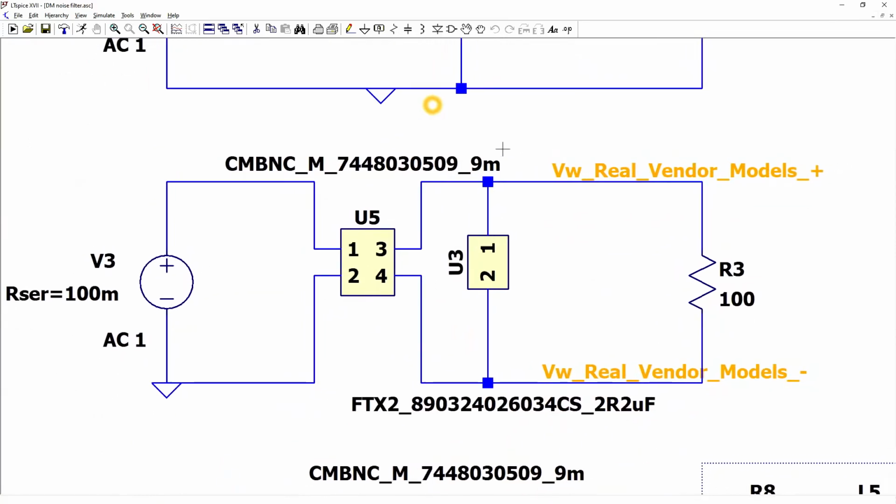Going to real vendor models, we have the common mode choke that we used previously in the common mode filter part. We will use its leakage inductance as a differential mode inductance. We will check how much of this inductance we have. And we have our CX capacitor, 2.2 microfarad. Both components are from the Rohde & Schwarz website.